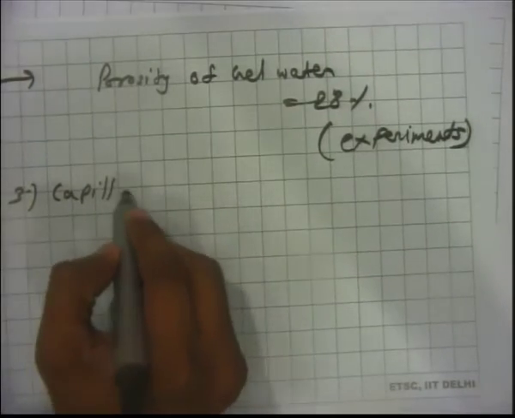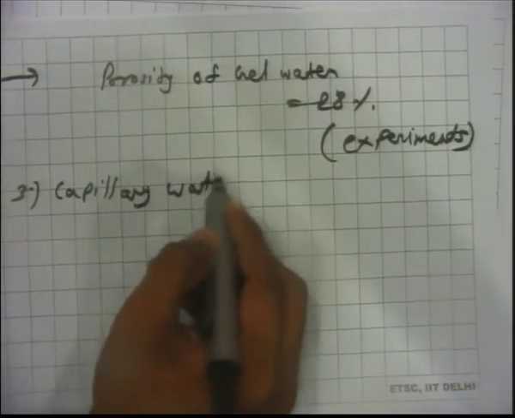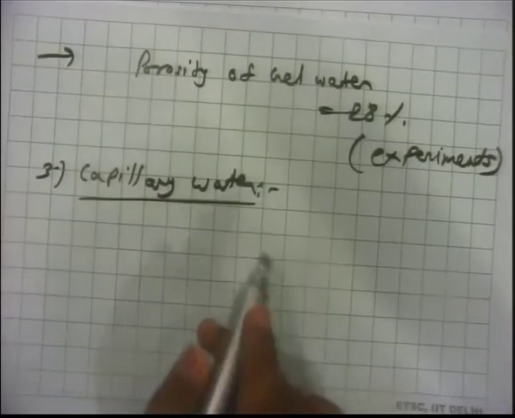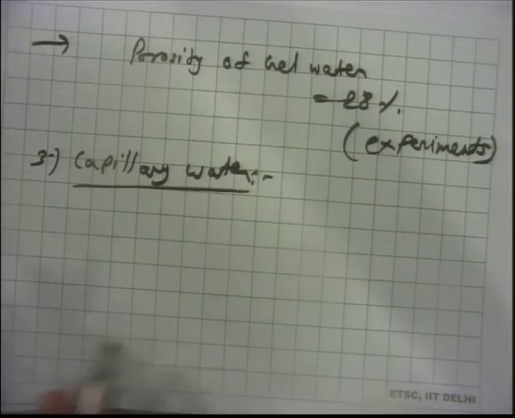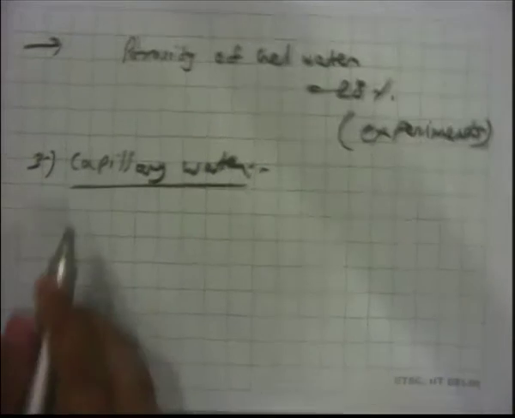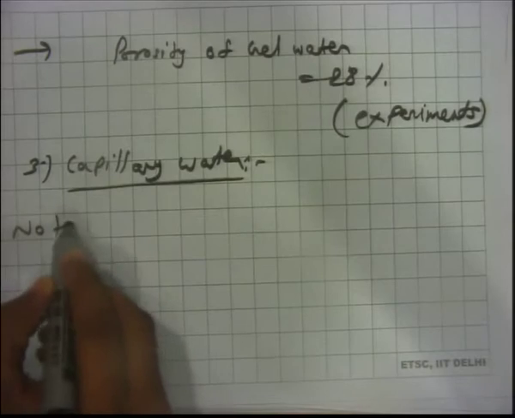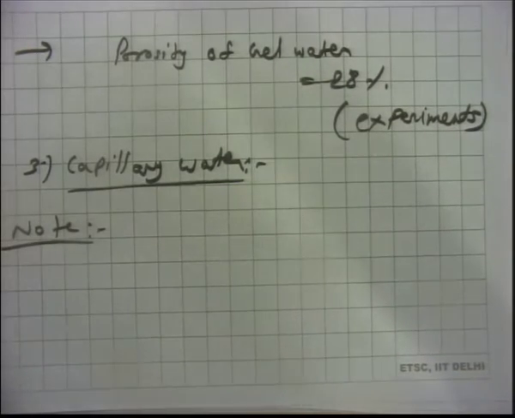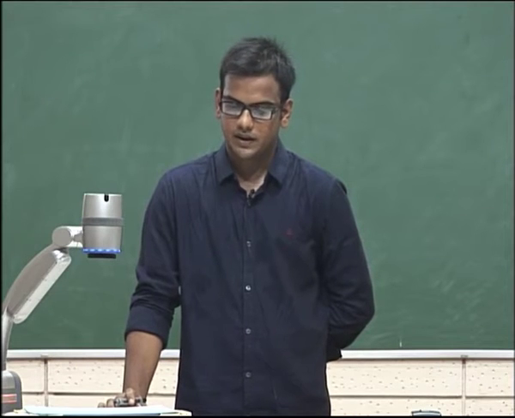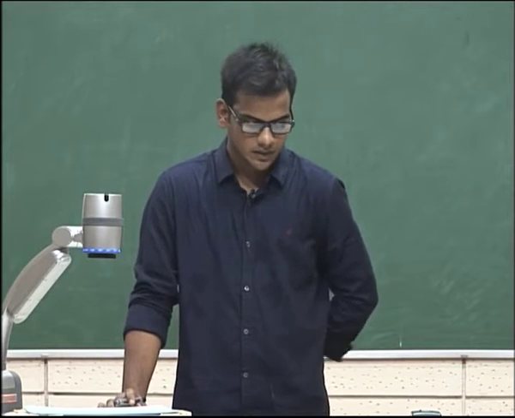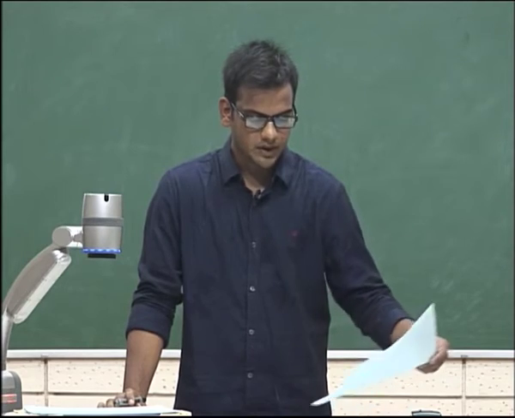Now the third is capillary water. Capillary water is the water which is remaining, excluding the above two. The water molecules of this capillary water are relatively larger in size. Here we can note that the gel water and the capillary water can be evaporated, whereas the chemically combined water could not be, because it is bound by strong forces.